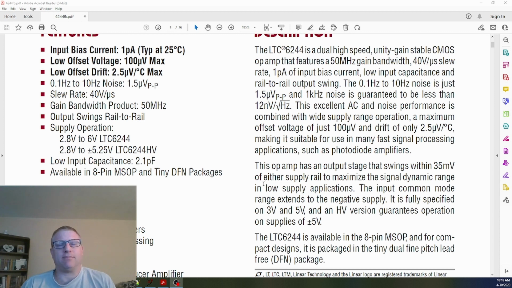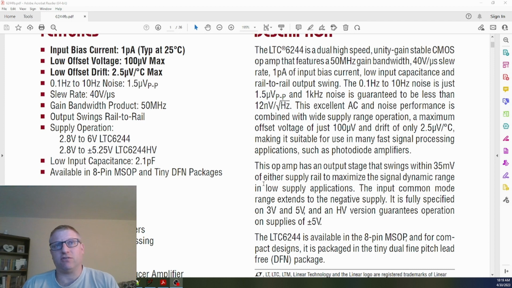So even though an op amp is supposed to have no current going into the pins, the N minus and the N plus, it does, since they are BJTs internally. A BJT requires a base current to operate, so there will always be some sort of input current on the pins. And of course, you want this as low as possible. And so this one has a 1 picoamp input bias current listed on the main cover page.